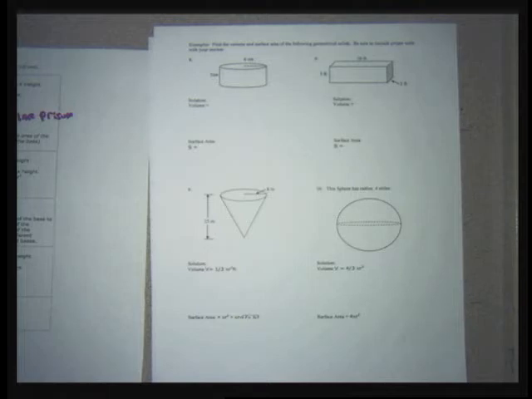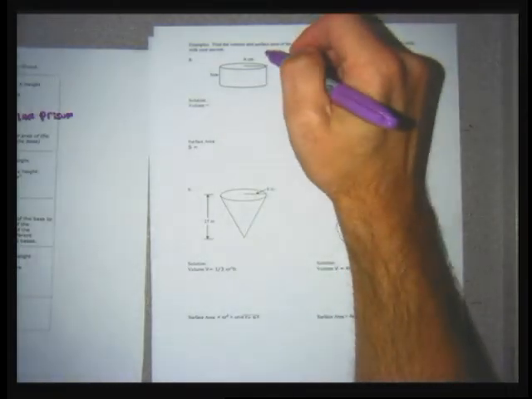For me, it was my third page this morning, afternoon should I say, but maybe it's not yours. So immediately, each one of these problems presents me a picture and asks me to find the volume and the surface area. So as I go through and I look at the picture, I have to identify its shape.